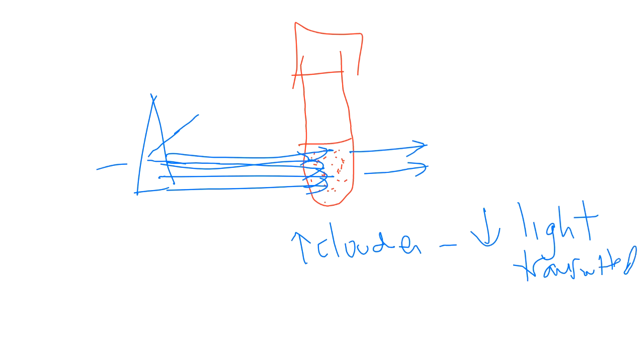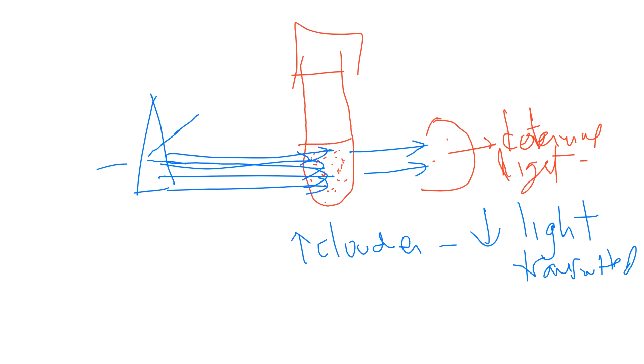Because the cloudier the culture, the more light will be absorbed by the culture, and the fewer rays of light will come out of the other end. At the other end is the little machine that is going to count or determine the amount of light, and it will give us a reading as to how much light came out. You know how much light you put in. Let's see how much light comes out. That gives you a measure of how turbid that sample is.